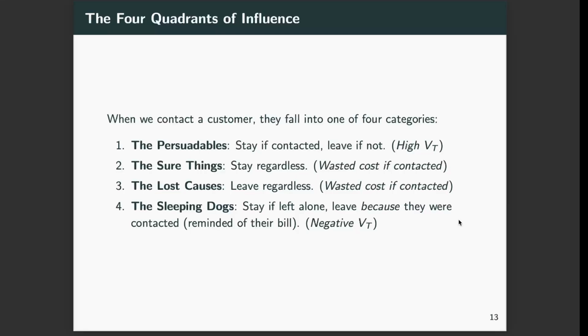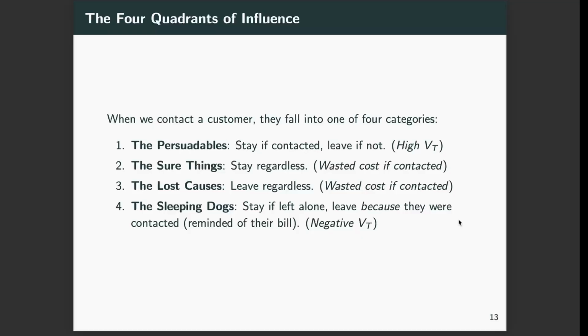Maybe the retention call forces them to reflect on their subscription costs, and they realize they are paying for something they barely use. Maybe the promotional offer we make them actually signals that a better deal is available, and they start shopping around. Whatever the mechanism, the intervention causes harm rather than good. For sleeping dogs, their V sub T is negative, because contacting them makes the situation worse.